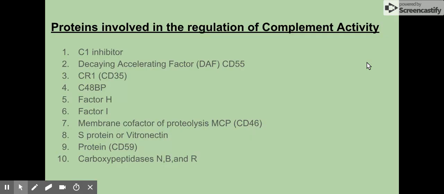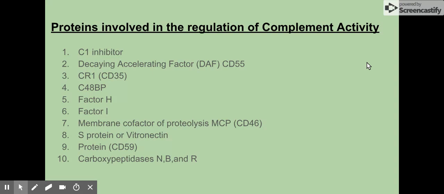I did list some proteins that are involved in the regulation of complement activities. Number one, I put the C1 inhibitor. We'll go back in a minute and discuss their functions and what pathways they affect. Number two is the decay accelerating factor, or DAF, or CD55. Three is CR1, or CD35.